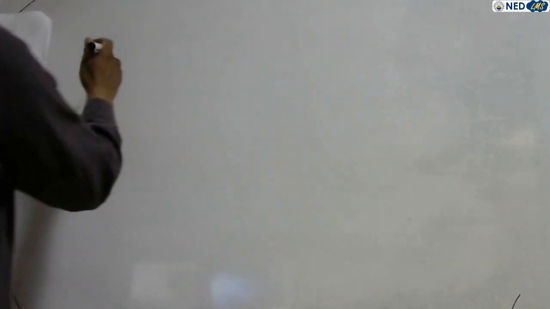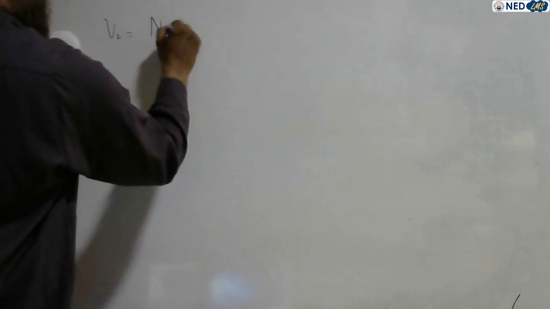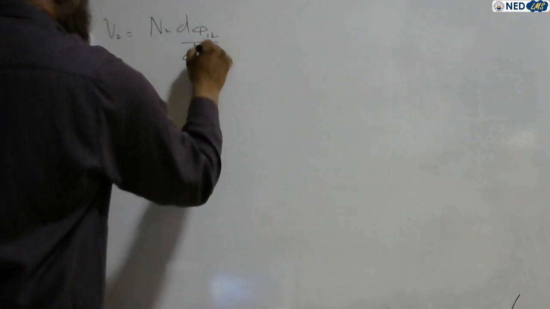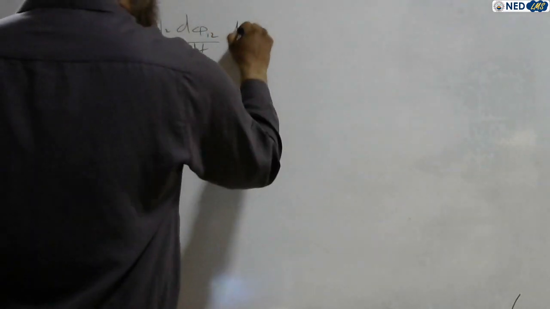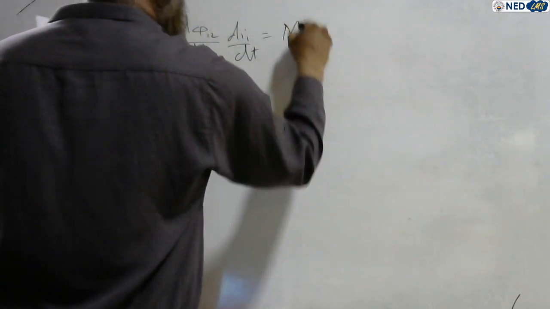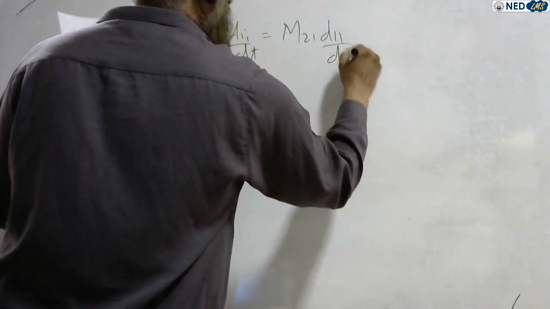So the secondary voltage was V2. I'm writing again, N2 d phi 1 2 over dt, di1 over dt equals M21 times di1 over dt.